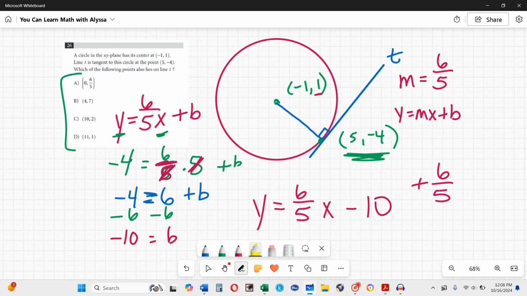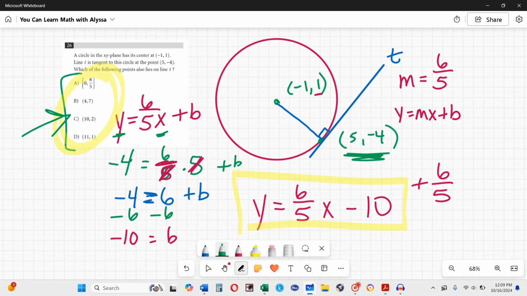At this point you have two options. You can plug in each of your 4 points one by one. If you're very fast at plugging numbers in and multiplying, that may be the best choice for you. The other way you can do it is you take this y equals 6/5 x minus 10, plug that into Desmos, and you drag up and down that line until your x is at each of these positions and see what the y value is.